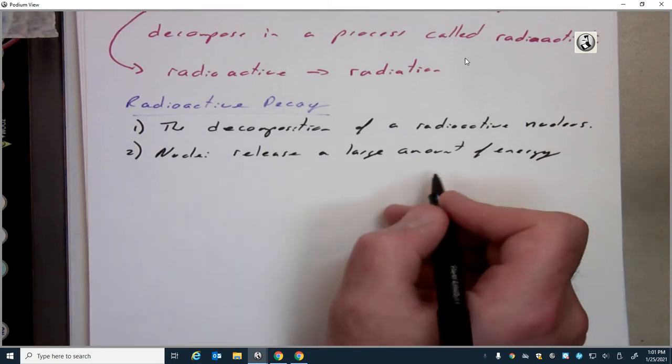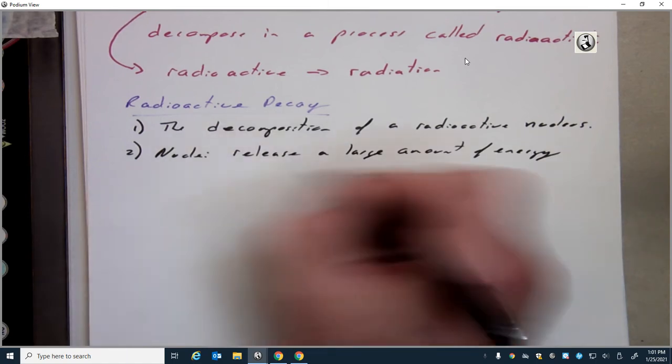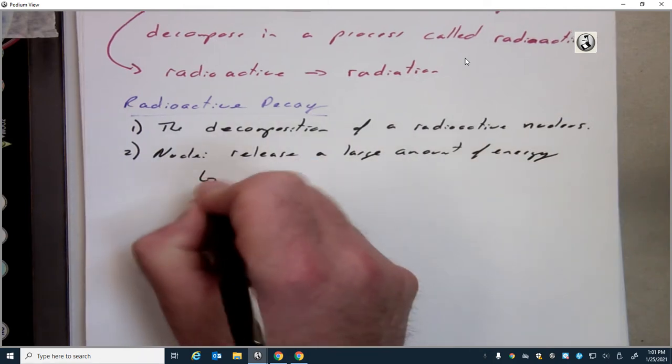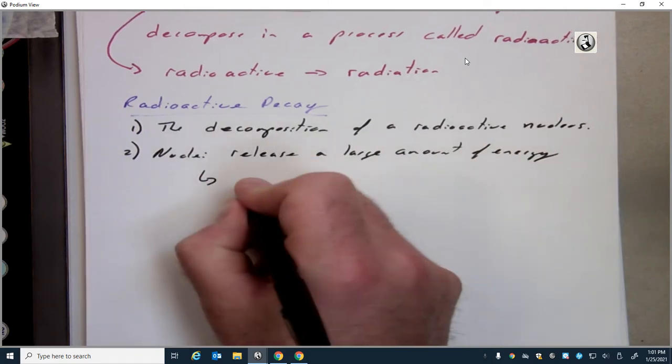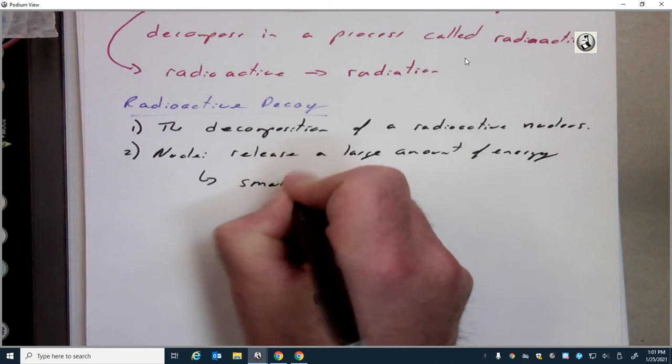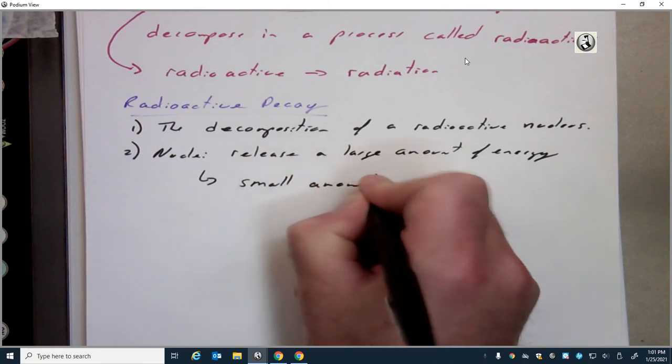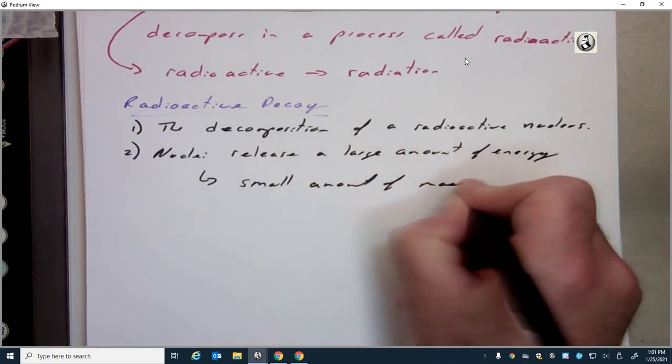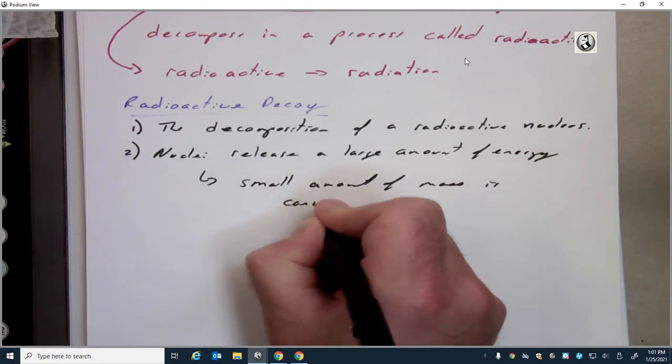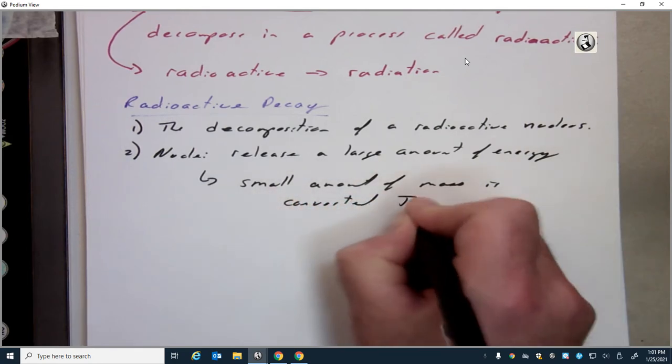Now, where does this energy come from? The nucleus releases the energy, and that energy comes from a small amount of mass that is converted to energy.